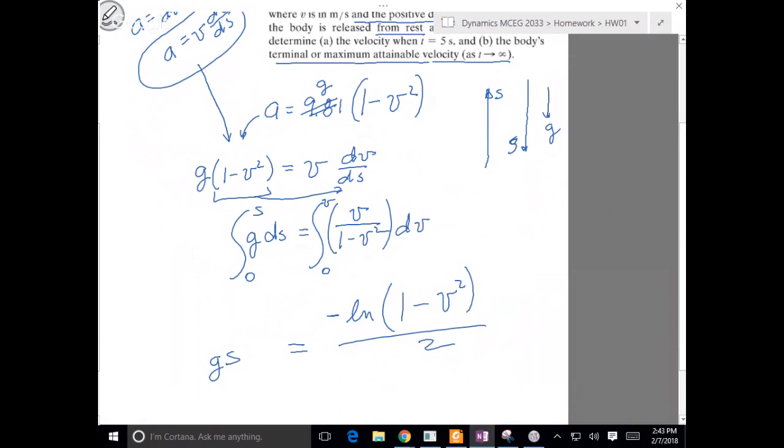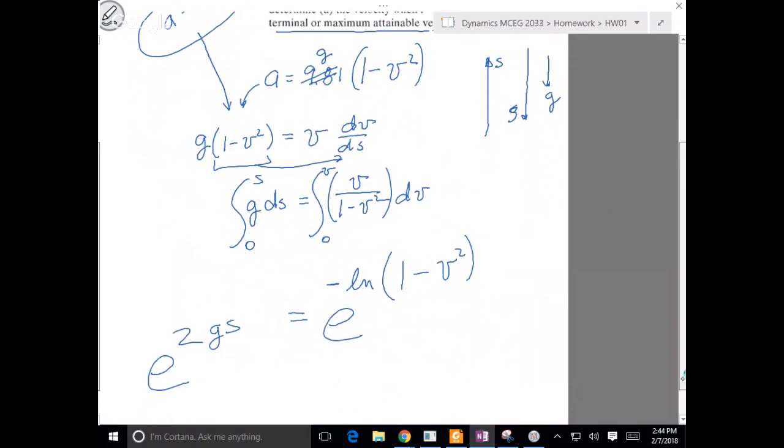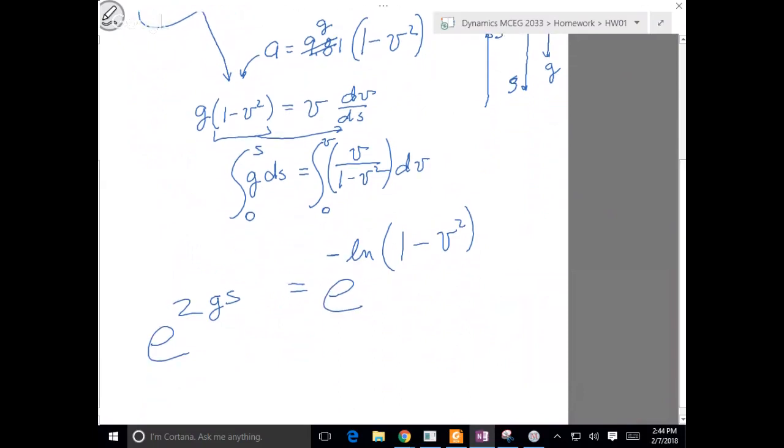So if I wanted to, I can put a 2 over here, knock that out. I can put these to the power, 2GS equals to.